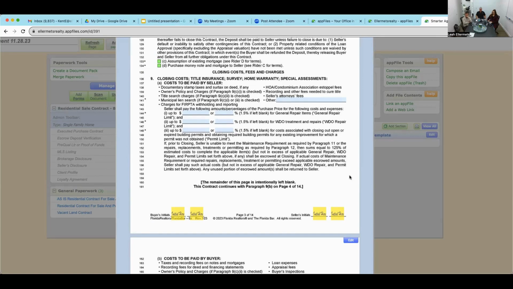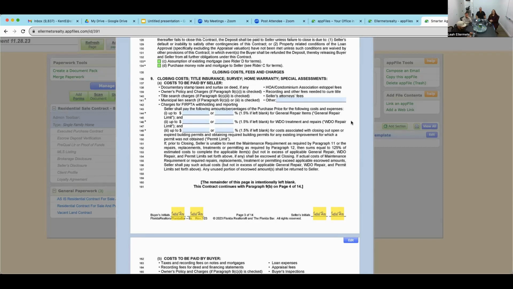And personally, I think it's a huge advantage to a buyer when they are working with an older home that they're getting into, or a home that they know needs to have repairs done. If you leave these things blank, it immediately kicks to 1.5% of the purchase price. Okay, this is all amounts and percentages of the purchase price. So these are huge if we look at them this way.